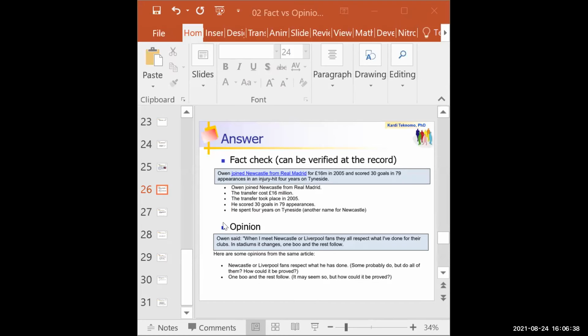So if you check the record of the same person, you can see what happened to this. Can you see it?